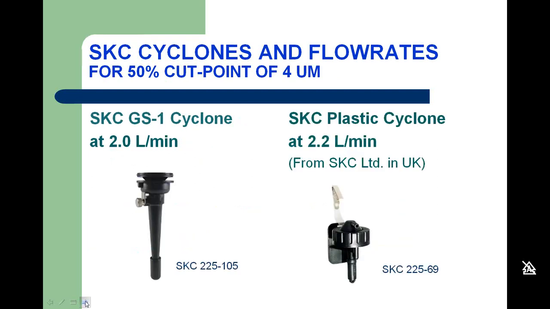The GS1 cyclone has a designated flow rate of 2 liters a minute, and the SKC plastic cyclone, manufactured by SKC Limited in the UK, has a designated flow rate of 2.2 liters a minute with 4 micron cut point. For those that want to achieve the 3.5 micron cut point still specified by OSHA or MSHA, contact SKC and we can provide alternative flow rates.